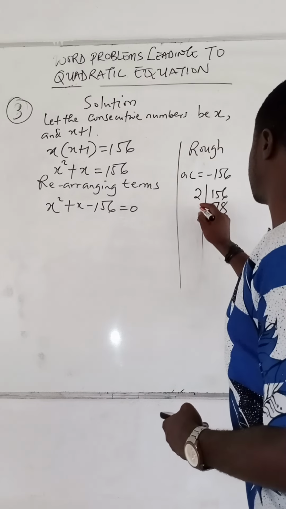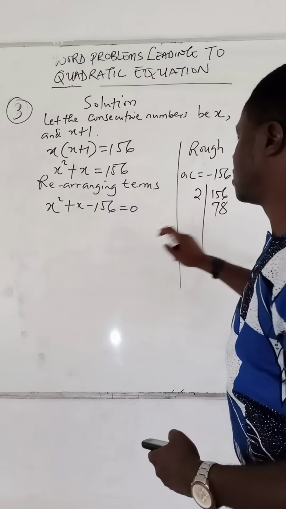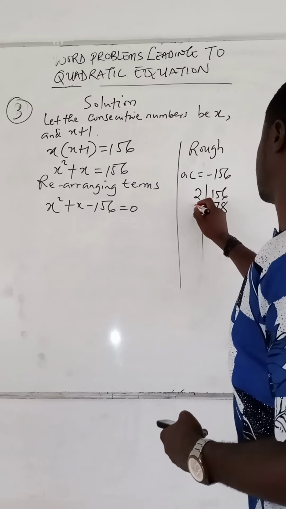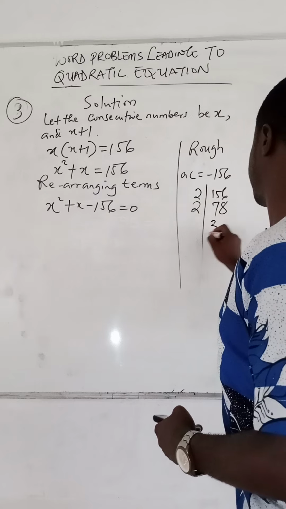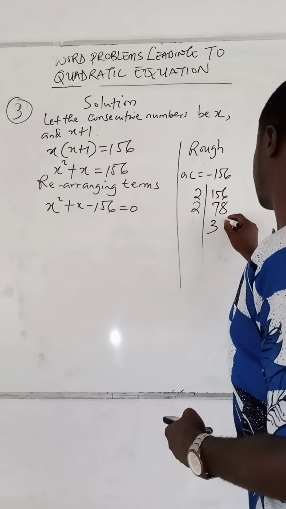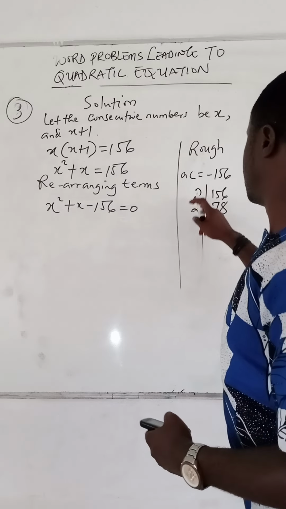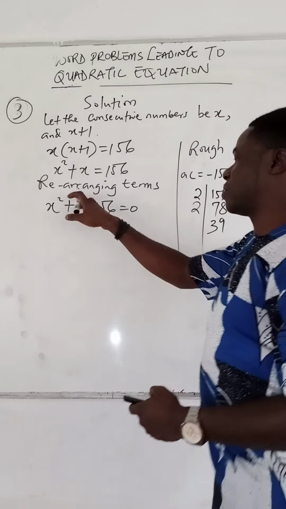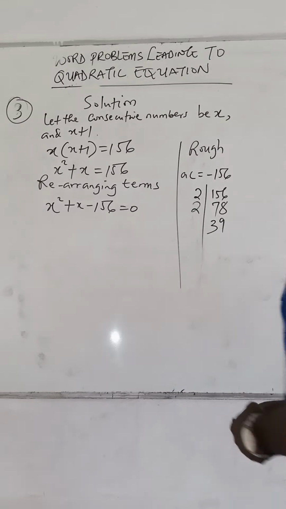We can still use 2, and 78 cannot give us the middle term. So let's use 2 again. I have 39. 2 times 2 is 4. 4 and 39 cannot help us to get the middle term.